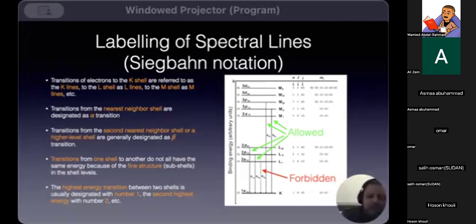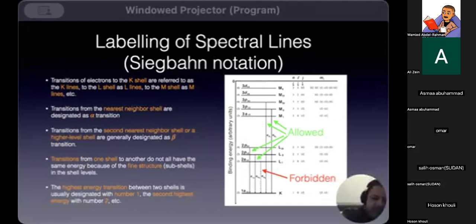And why do we have 1 and 2? Because we can have transitions to this vacancy in the K shell from L2 or L3. Both of them are possible. They use the subscript 1 to indicate the one with the higher energy. Imagine we had a vacancy and then a transition from L3.